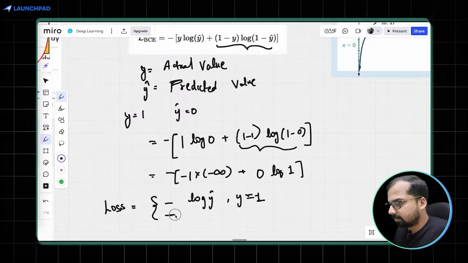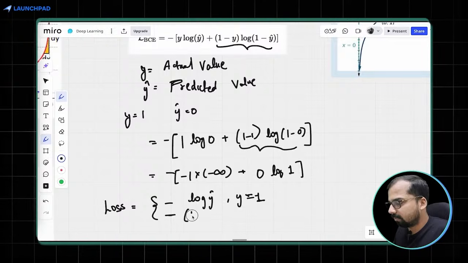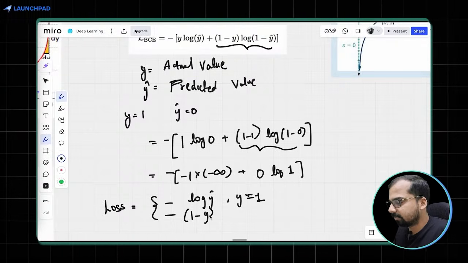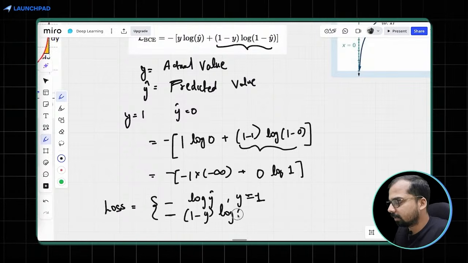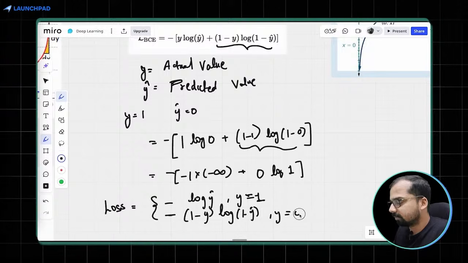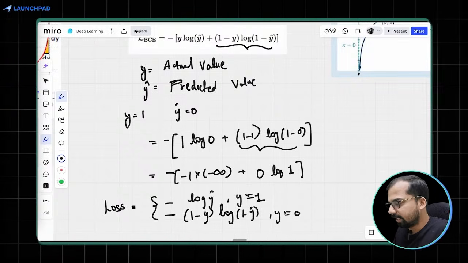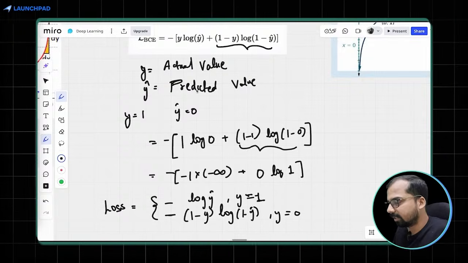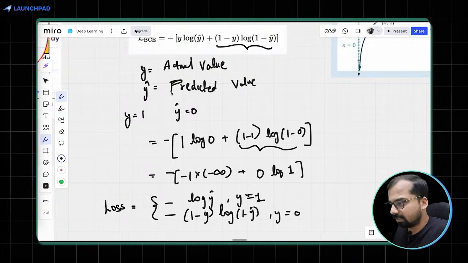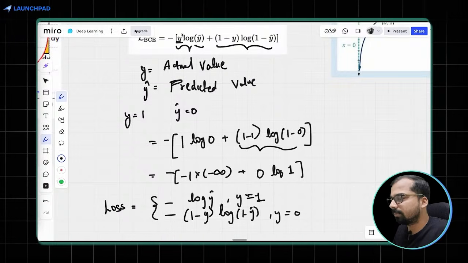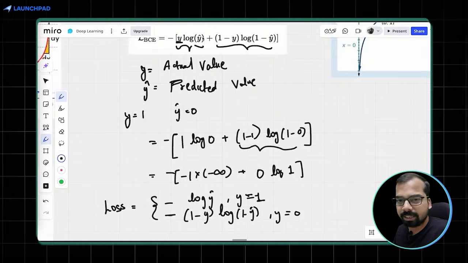And the other part is minus of 1 minus y times log of 1 minus y hat if my y is 0. Because if y is 0, the actual value is 0, so the first term does not contribute, it will always be 0.